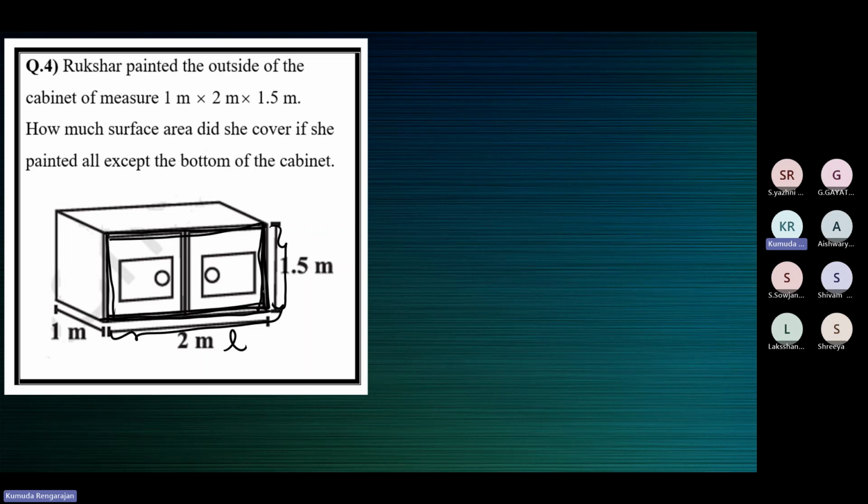So it's length into height. L into H is the area of the front face. Same will be the area of the back face, L into H. For the top face, the area will be L into B, because this is the length and this one is the breadth of the box.